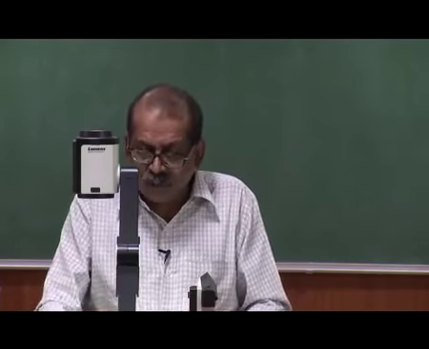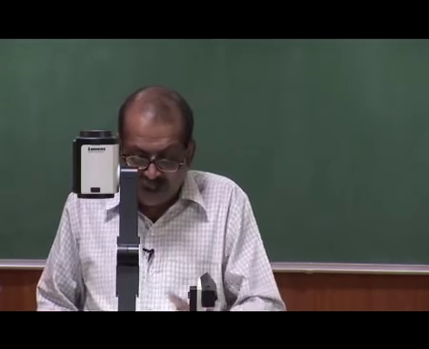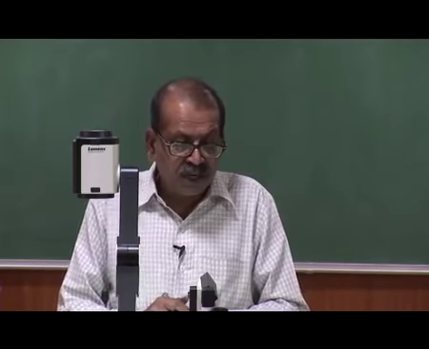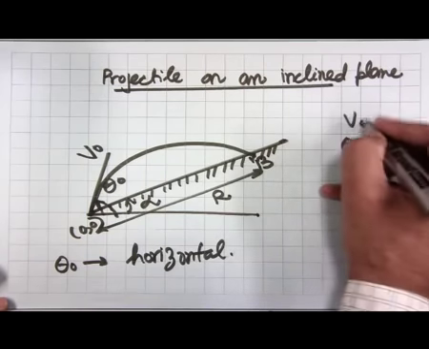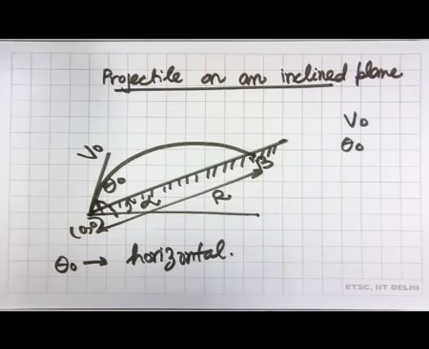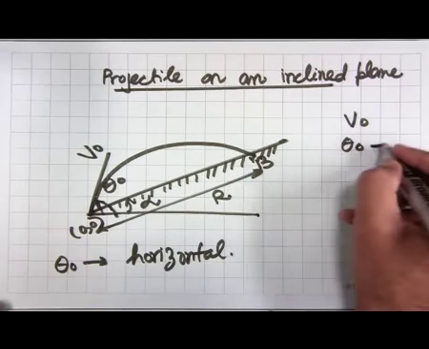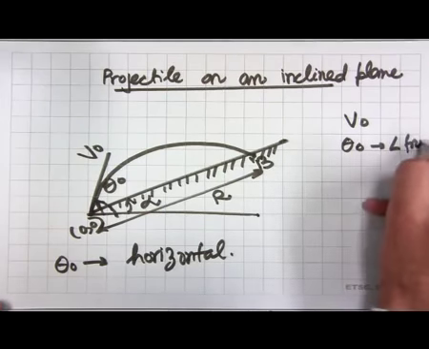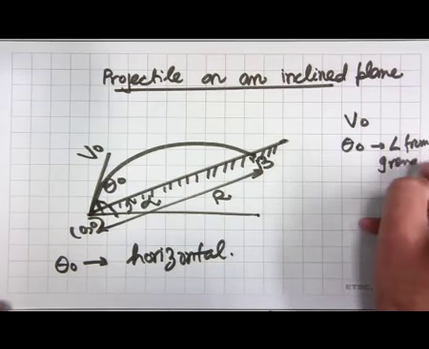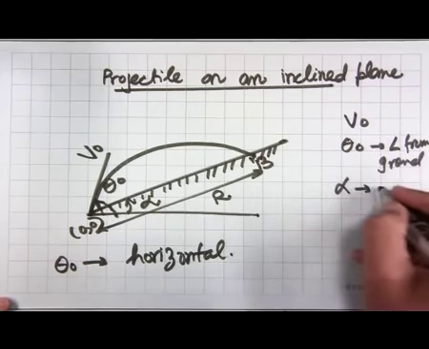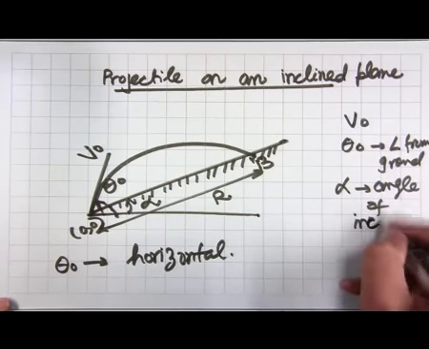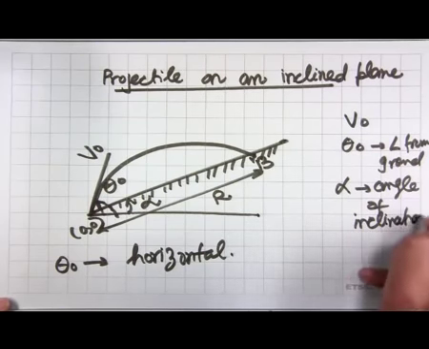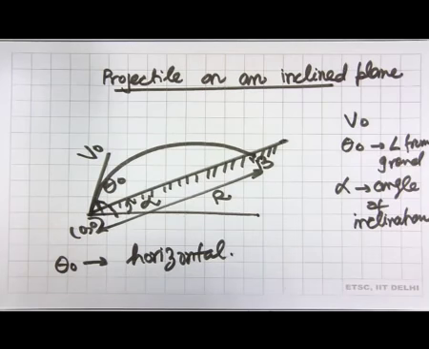Now, if we want to find this range in terms of the parameters given to us, which are they? We have v0, the starting velocity of the projectile, theta 0, the angle from the ground, and the third thing alpha, the angle of the inclination, and we want to find the range.